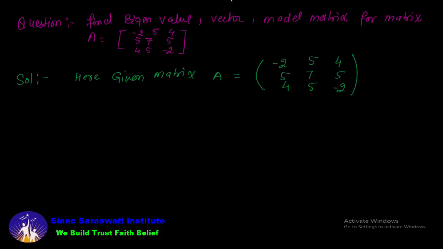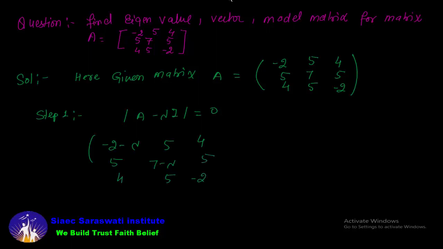इस गिवन मैट्रिक्स का सबसे पहले हम कैरेक्टरिस्टिक इक्वेशन डेवलप करेंगे। सो स्टेप नंबर वन: A minus lambda I is equal to 0. Therefore the equation will be |-2 minus lambda, 5, 4; 5, 7 minus lambda, 5; 4, 5, -2 minus lambda| equal to 0. So this is basically your characteristic equation.